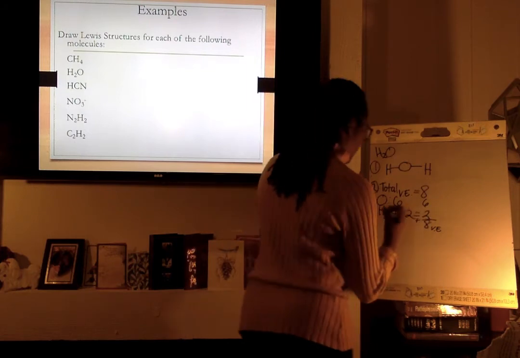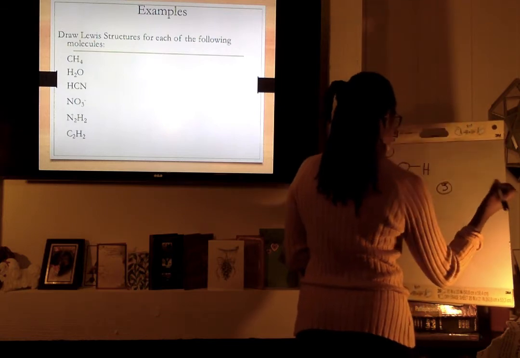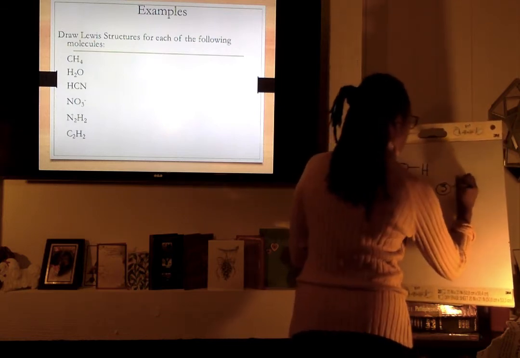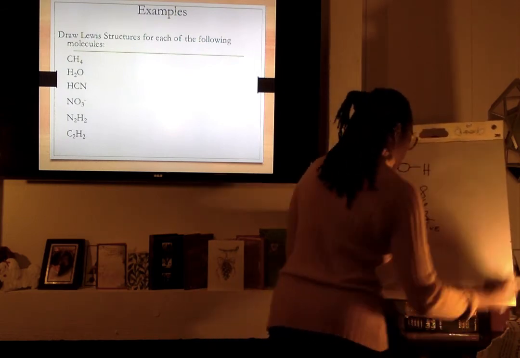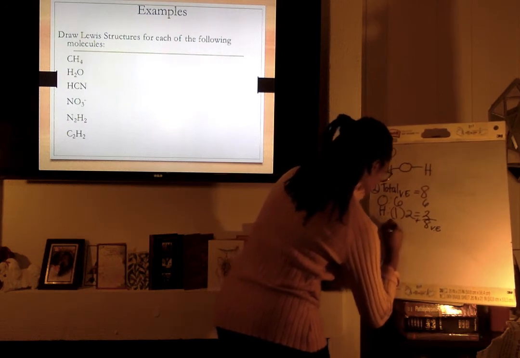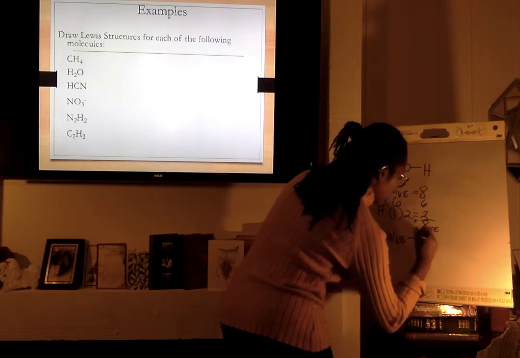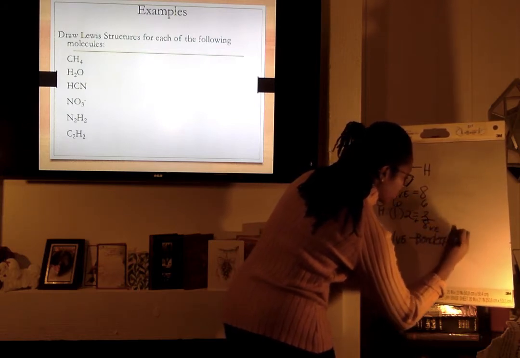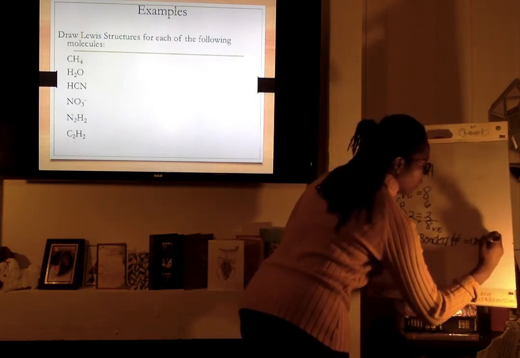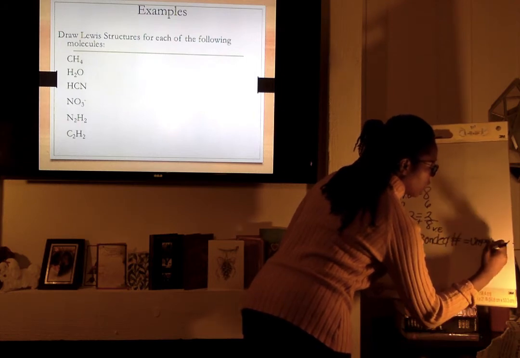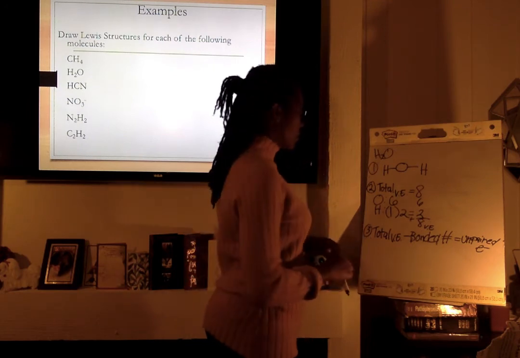Okay, so now the next step is you want to write out, here I'll put it over here, the total number of valence electrons and subtract the bonded number. Right, and this is to get the unpaired electrons that you're going to add to your formula. So how many total valence electrons do we have?